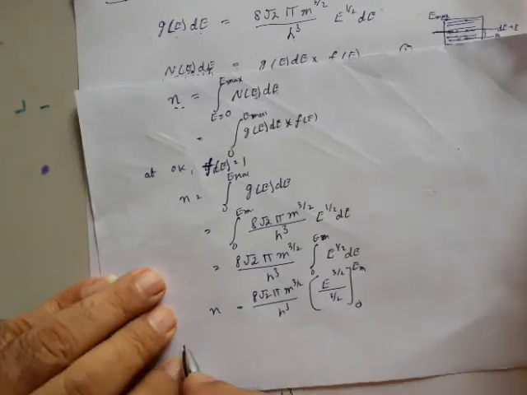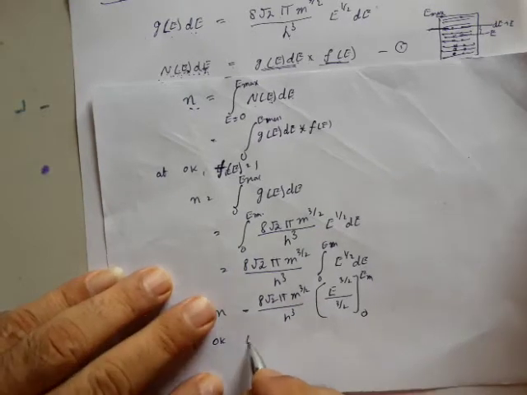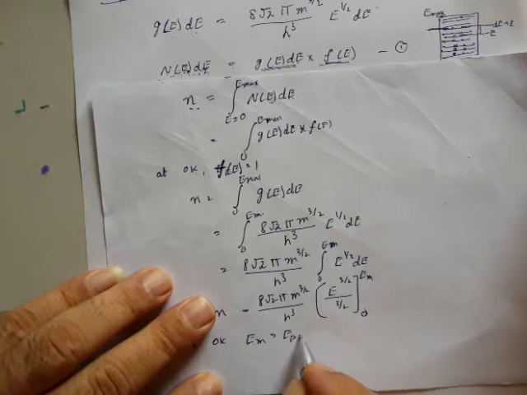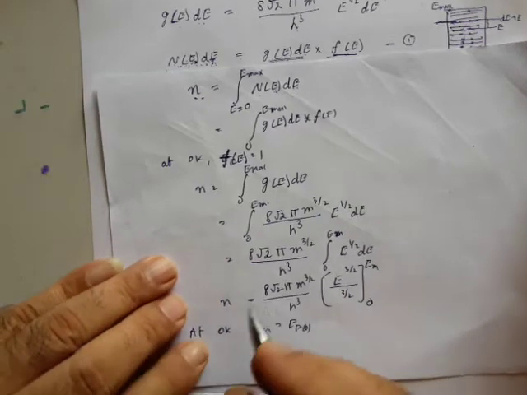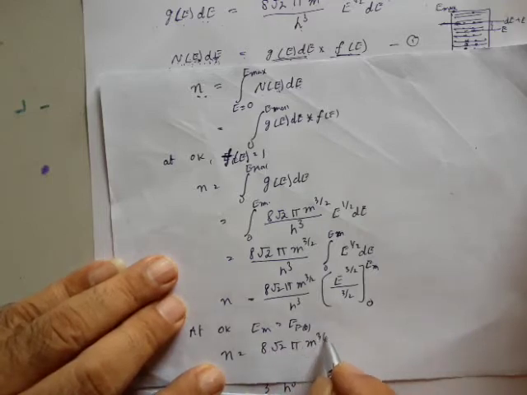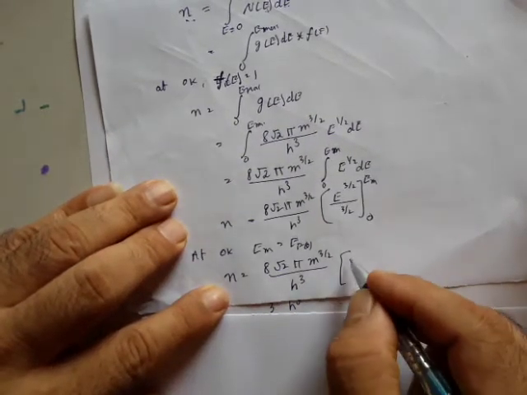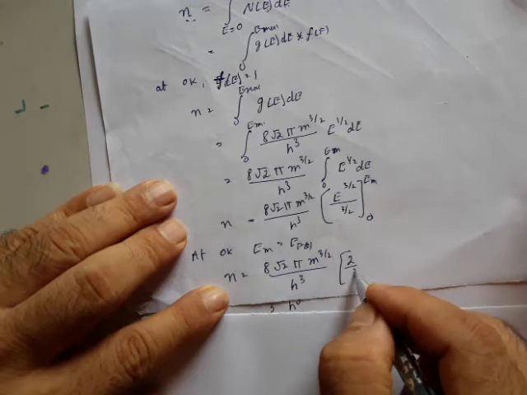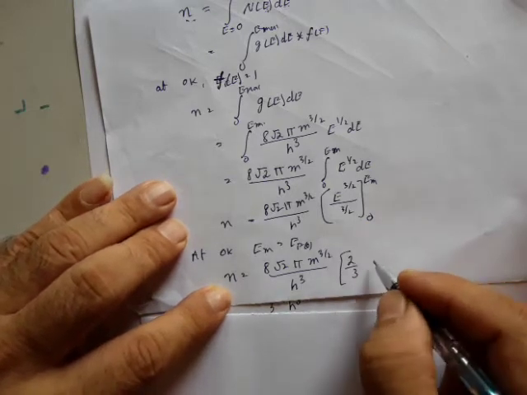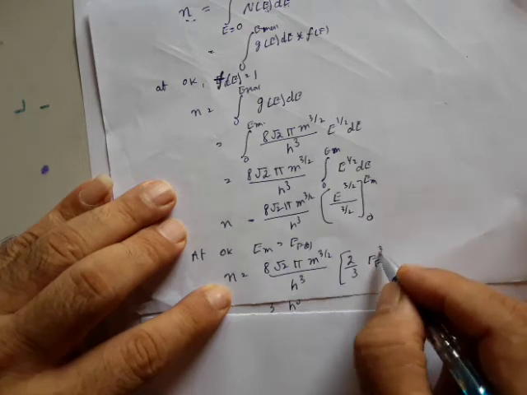Now what is E maximum? We know at absolute 0 Kelvin, the maximum energy of the electron is always equal to the Fermi energy at absolute 0 Kelvin, which I will write as E f naught. Therefore, the above expression I can write as n is equal to 8 into root 2 into pi into m to the power 3 by 2 divided by h cube, into this 3 by 2, which I will write as 2 by 3, into E f naught to the power 3 by 2.